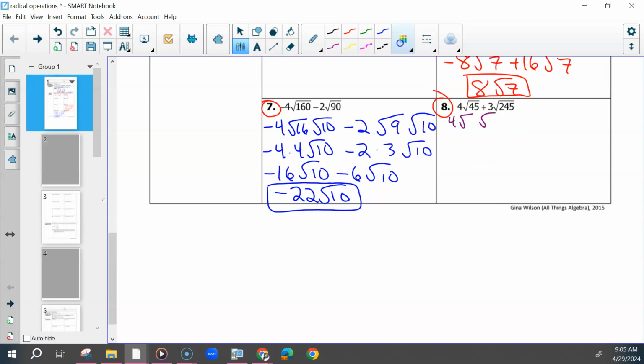What's the highest perfect square that goes into 45? 9 and 5. Okay, and then for 245. 49 and 5.